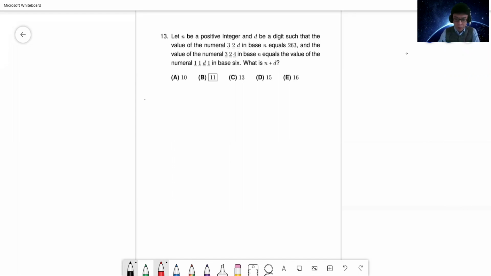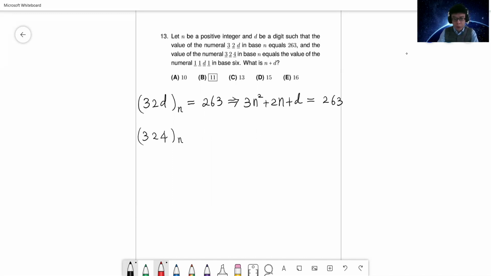That means 3n squared plus 2n plus d is the value on the left-hand side. It equals 263. And next, the value of 324 in base n equals the value of 11d1 in base 6.